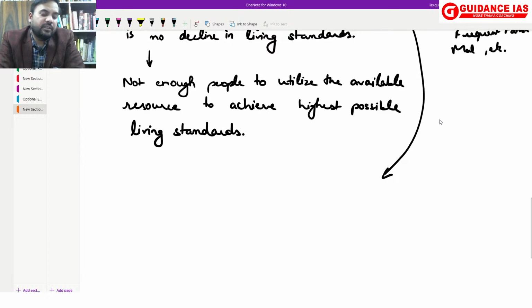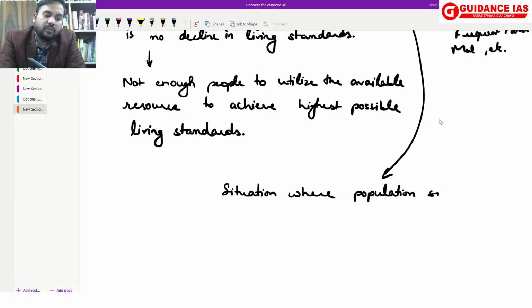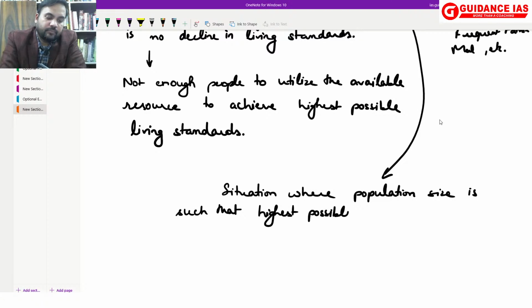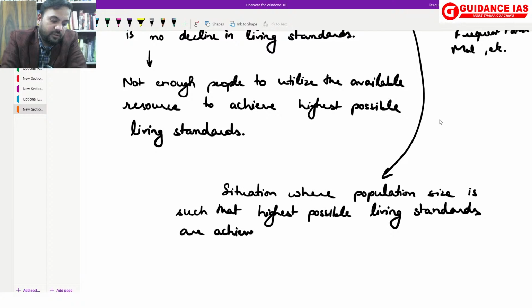Optimum population is a situation where the population size is such that the highest possible living standards are achieved for the greatest possible numbers.